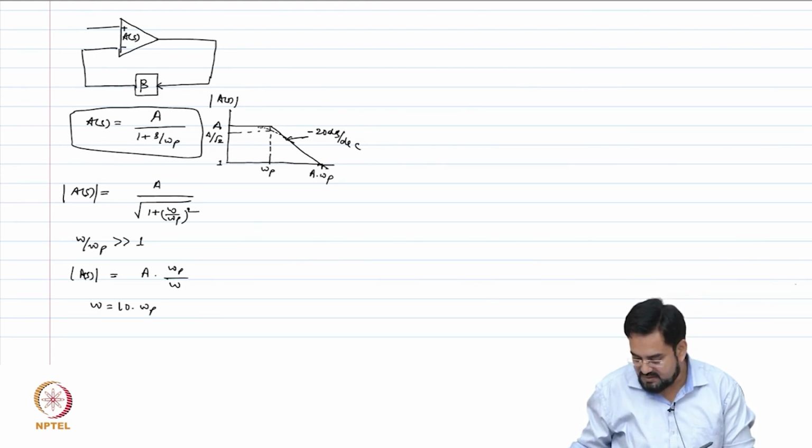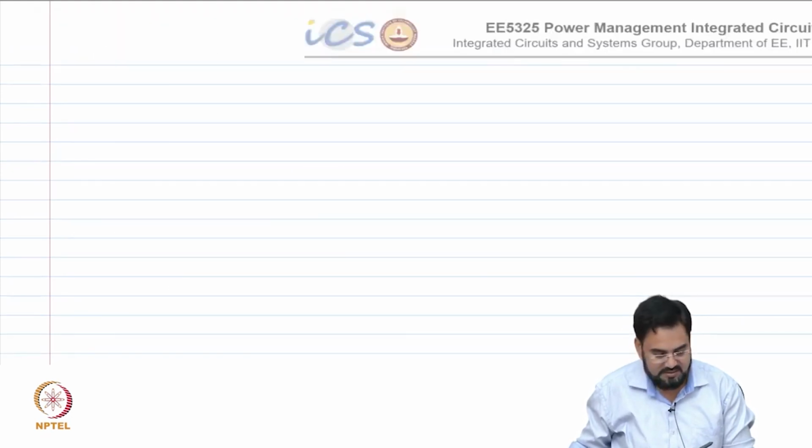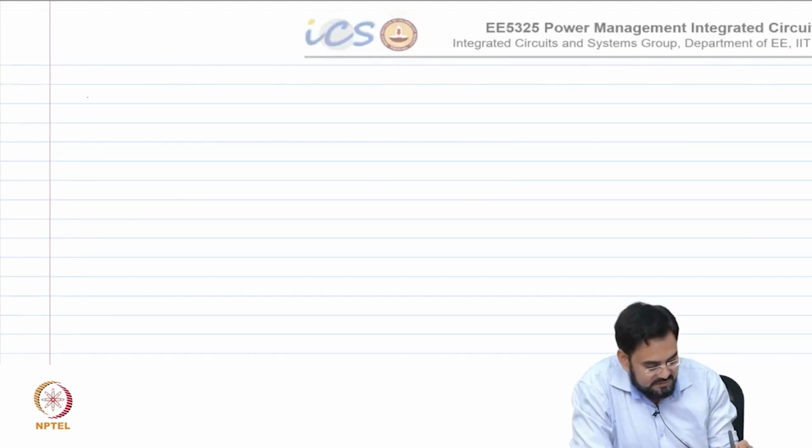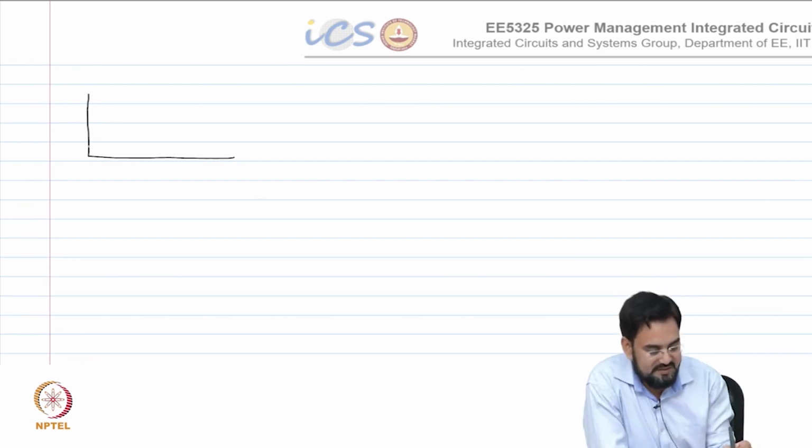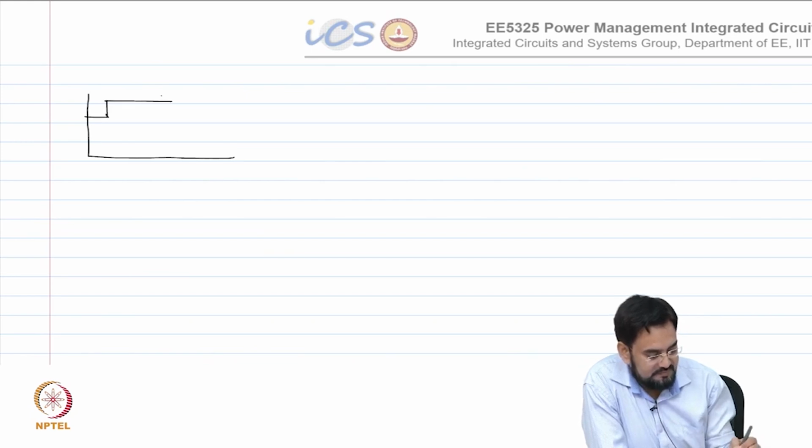So in the first order system, how will the step response look for a first order system? If this is your V in, what will be V out?